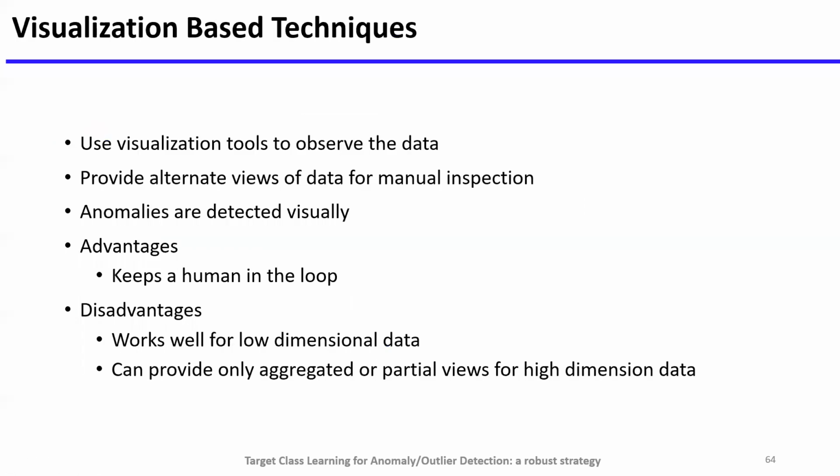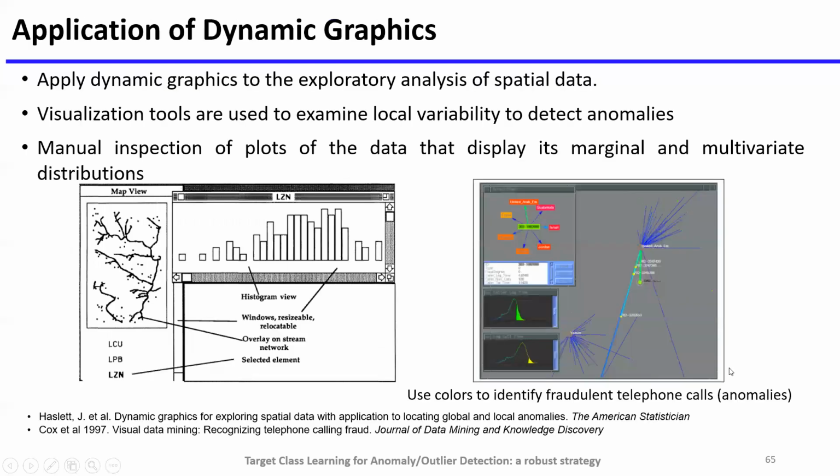Lastly, we will be observing the point anomalies with the help of some basic visualization based methods. Visualization based methods means an anomaly can be seen visually. So here it is important that we can keep a human in the loop, and the disadvantage is that it may be handy if we are dealing with low dimensional data, but it can be tricky if we have high dimensional data items.